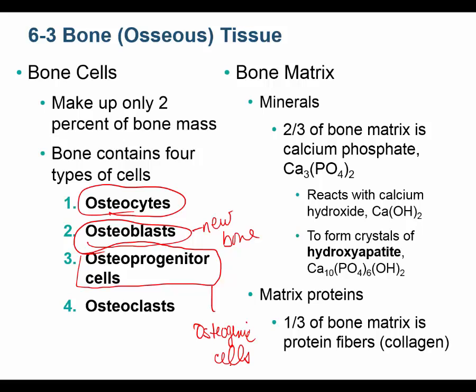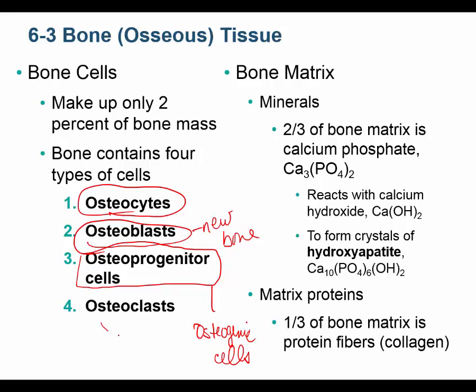However, we can't just have static bone. If you learn nothing else from this chapter, I hope you take away from this chapter that bone is highly metabolic. It's very metabolically active. It's not this static, dead tissue that you might be thinking of right now. We not only build bone, but we break it down.